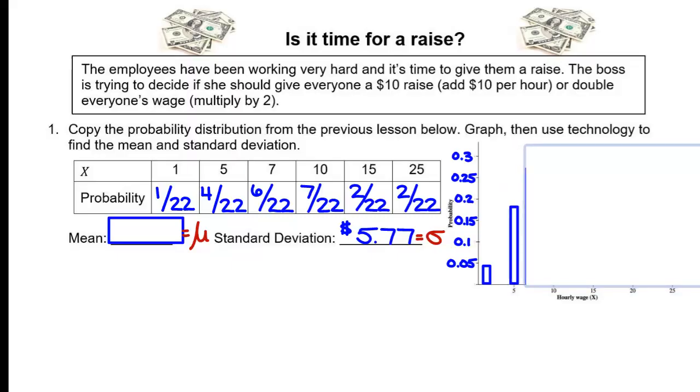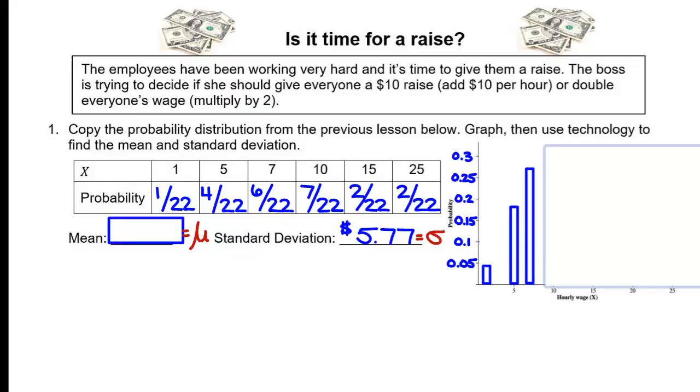And then at $5, that's about, it's like 0.17, 0.18, something like that, 4 out of 22. And then $7 was 6 out of 22. Notice my bars aren't touching and they're not very wide. Why is that? It's discrete. There's gaps between the numbers. And there's large gaps between the numbers.